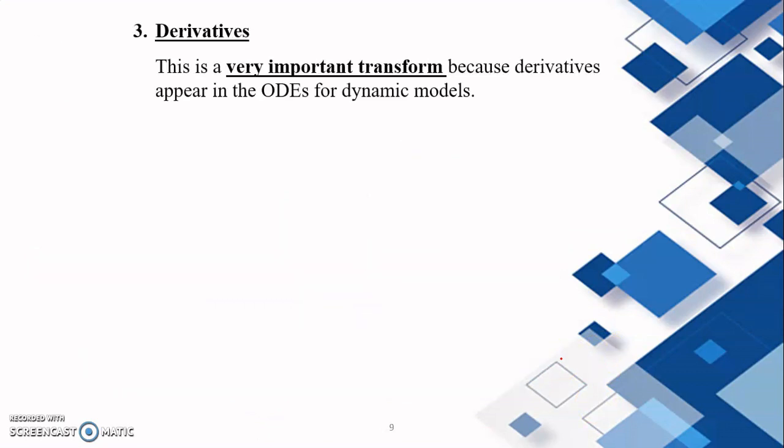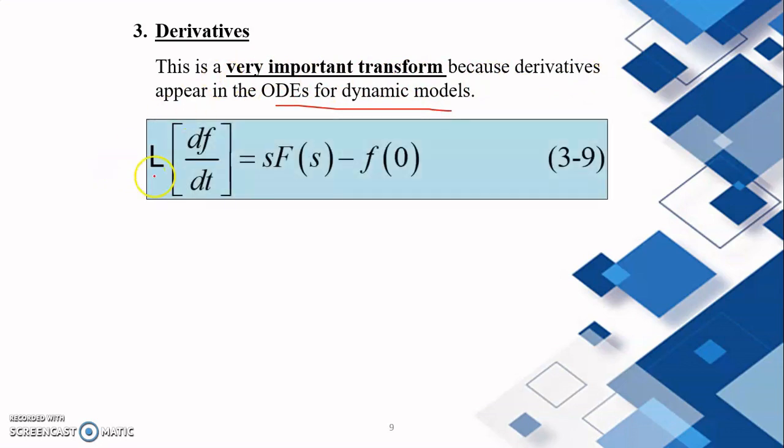Okay, let's look at the next one. We have a derivative expression. This is a very important transform because derivatives appear in the ODEs for dynamic models very frequently. So let's look at this general expression for the Laplace transform of a derivative. If we have this kind of differential equation and convert it into Laplace transform, it will become like this.